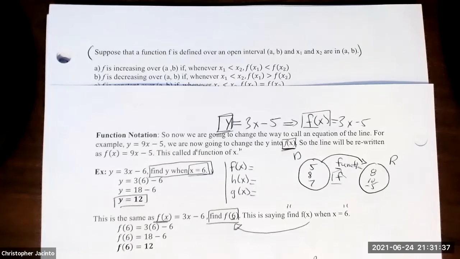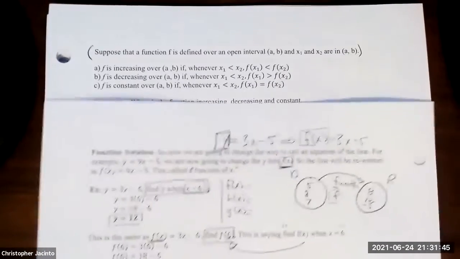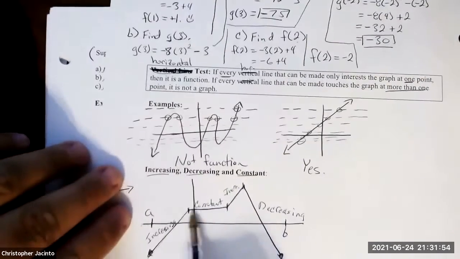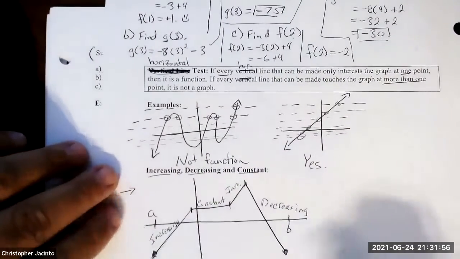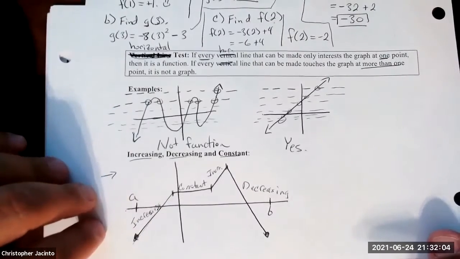It's decreasing when x1 is less than x2, therefore the y values are flipped, greater than. That means just decreasing. And lastly, it's constant when x1 is less than x2, but the y values are equal to each other. In other words, where is it flatlined? That's basically, in layman's terms, what that means. This is a little bit more advanced terminology, but just know where that is, okay?